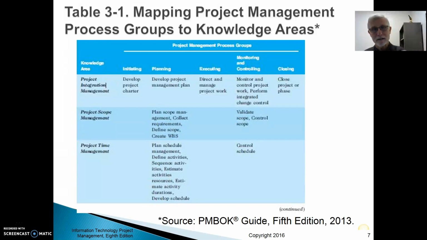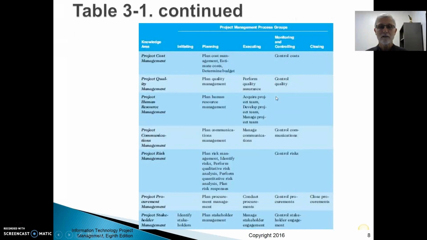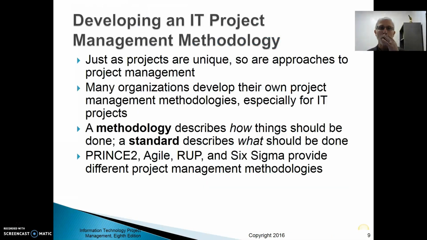But keep in mind, kind of like the matrix management organization, I've got a knowledge area that you need to understand, but it does cross the different phases of a different project or a different process. So take a look at these next few slides there and just kind of get yourself acclimated to those terms.